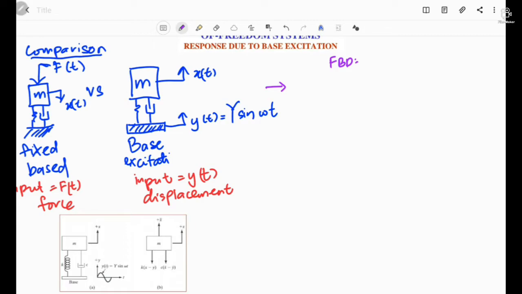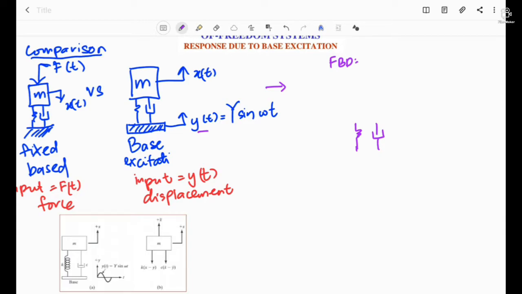Okay, in this case, you have your y(t), the input going up. So you draw the spring and the damper first. They are actually in between x and y. So the method here is you have to decide whether it's in tension or compression.